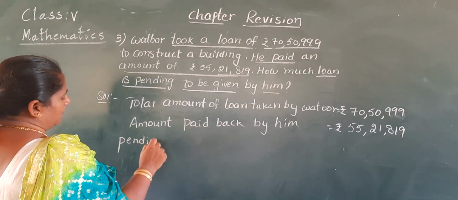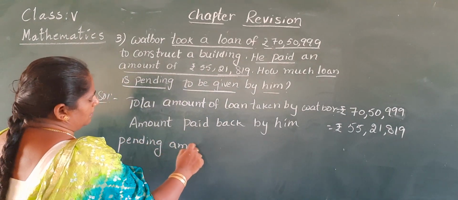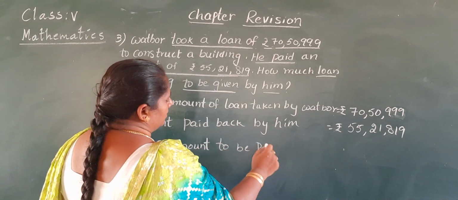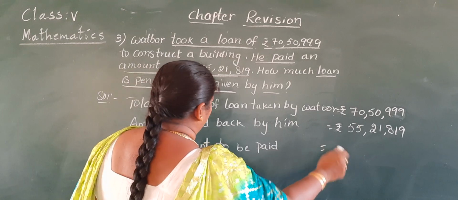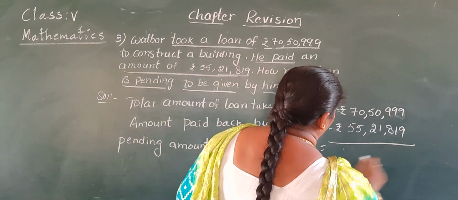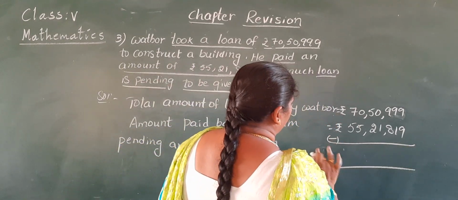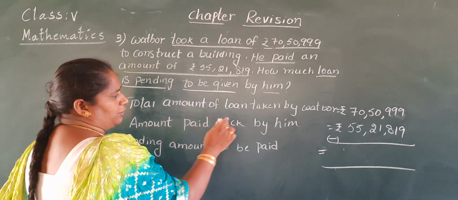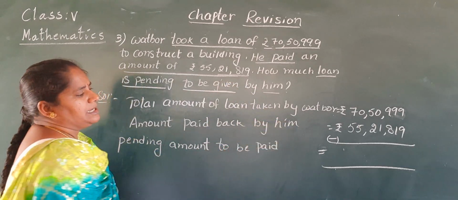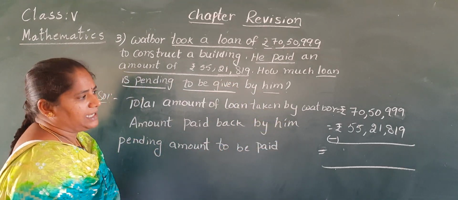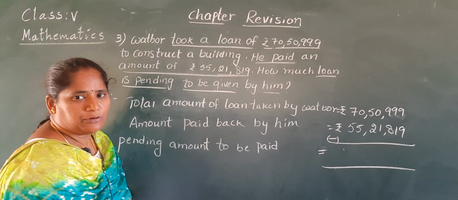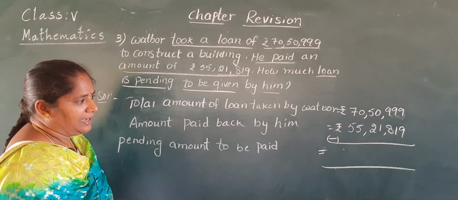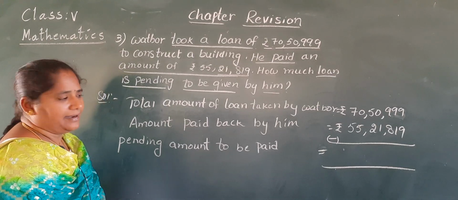Pending amount to be paid. Still he want to pay some amount. So that amount by doing subtraction we will get, Nana. Okay. So total amount of loan taken by Wartburg equal to 70,50,999 rupees. But amount paid back by him equal to 55,21,819.